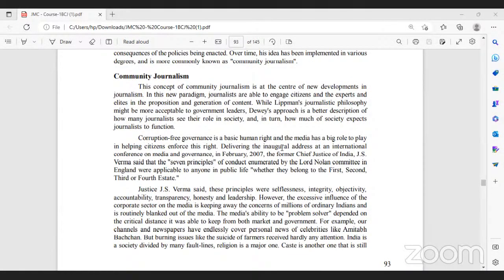The best part is that it engages citizens as well as experts and elites, which is a basic proposition of journalism. Referring to Lippmann, according to his journalistic philosophy, it should be more acceptable to the government leaders.